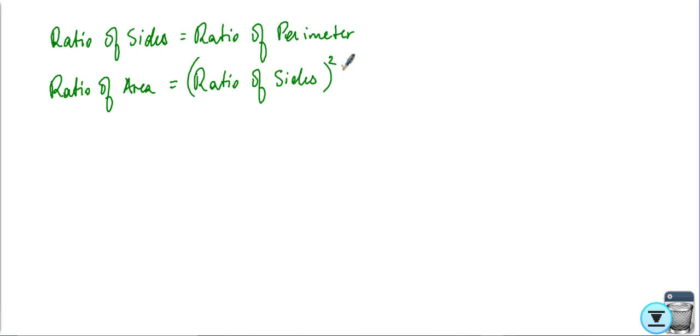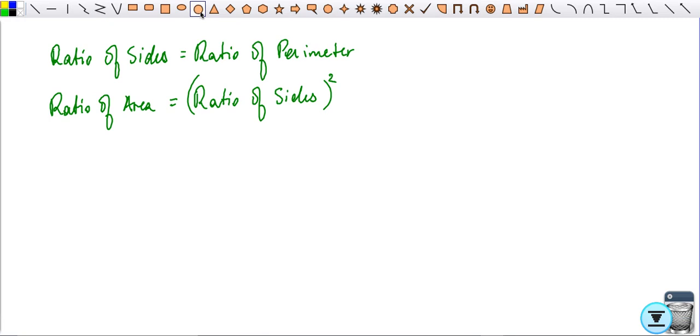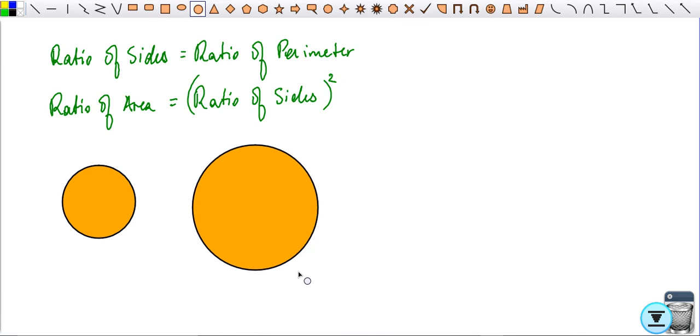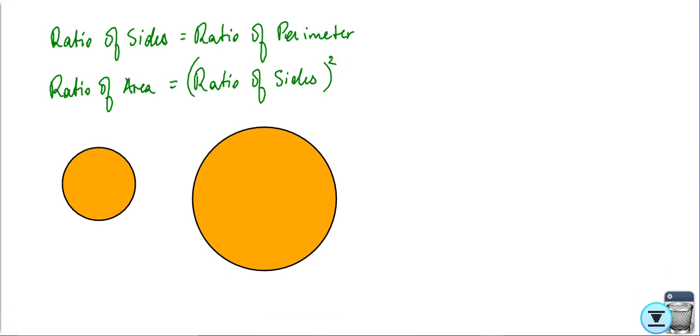What does this mean? This means, for example, if I am making a cake and I am using a round tin, let's say this tin has a radius of 4 centimeters and this tin has a radius of 8 centimeters.